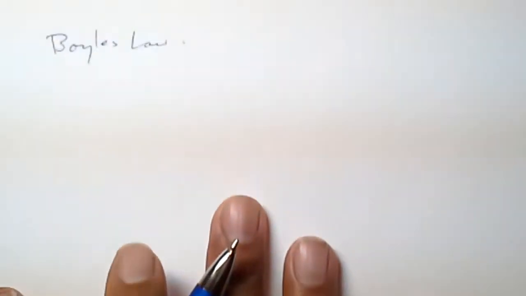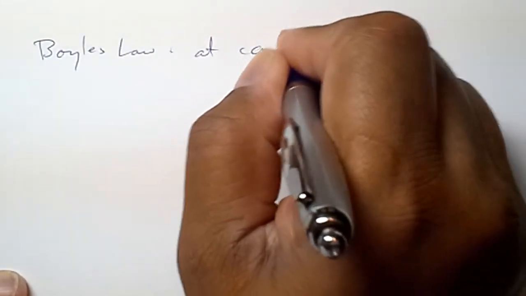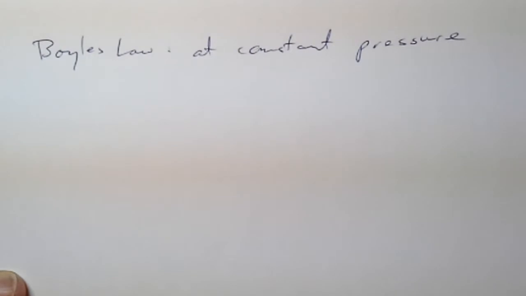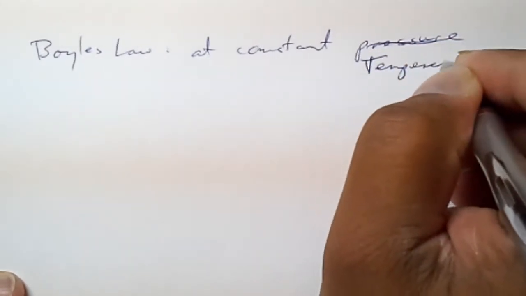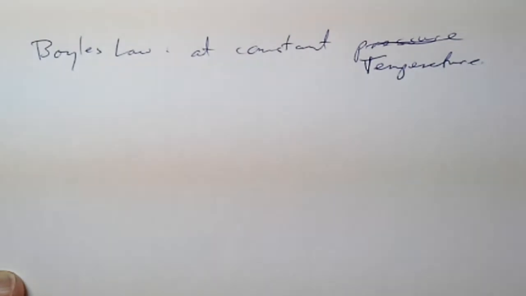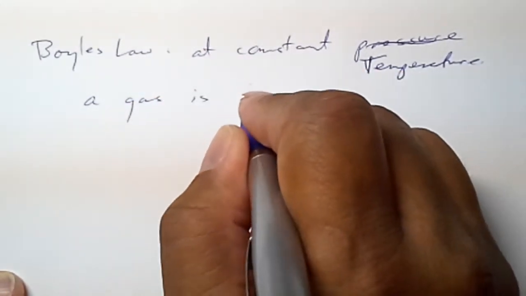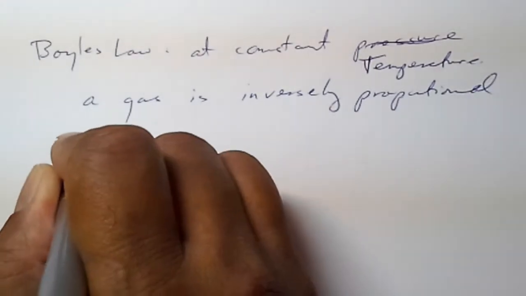Boyle's law states that at constant temperature, the volume of a gas is inversely proportional to the pressure.